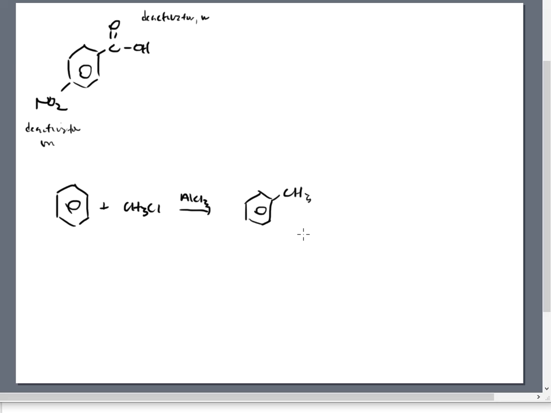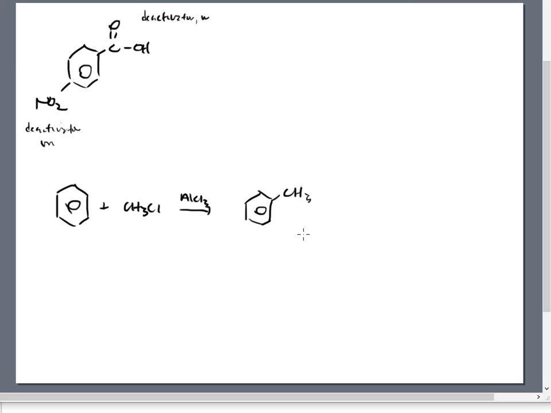Now, in the previous example, what we did is we chromated it immediately, and that changed it over to a C double bond OOH. If I do that, though, that will give me a deactivator, and it will give me a meta position, and that's not what we want. It's the group that we want, but it's not the director that we want. So, we have to kind of pause for a minute.